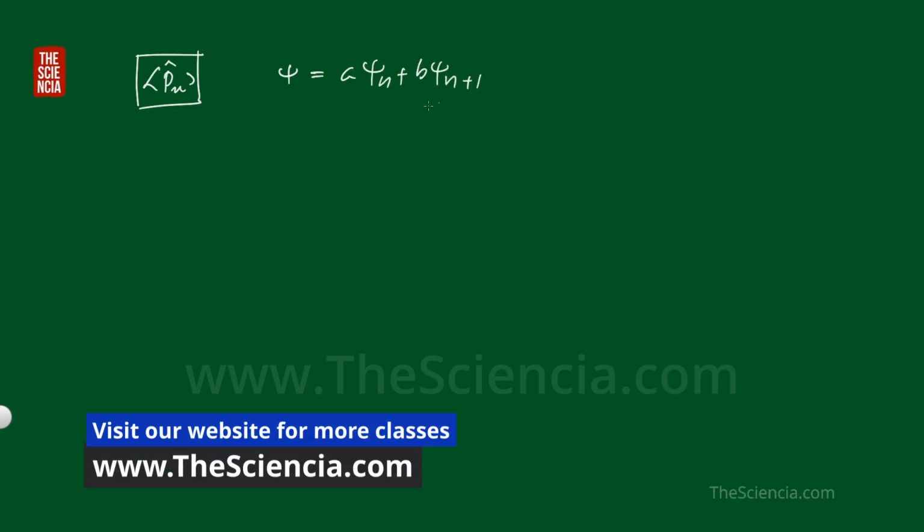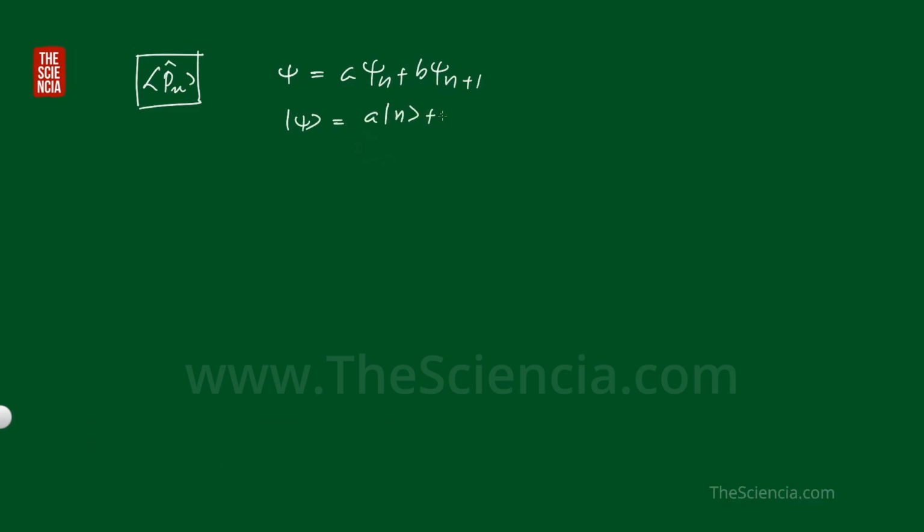Now let us consider the expectation value of Px. There is a state psi equal to a psi n plus b psi n plus 1. In Dirac notation, ket psi is equal to a ket n plus b ket n plus 1. Now we have to evaluate Px cap. The expectation value of Px cap is bra psi Px cap ket psi.